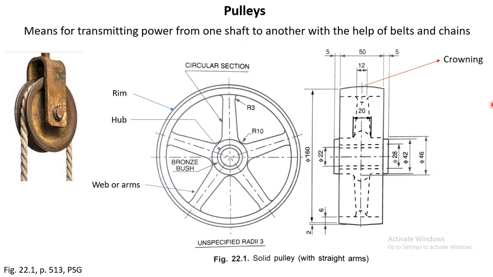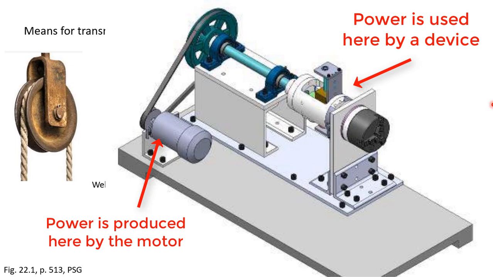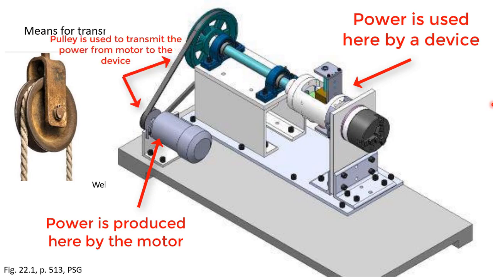As you know, in mechanical engineering, the power is produced at one place, for example, an engine or motor, and power is used at some other point. So power must be transmitted from the place where it is produced to the place where it is used, and this is done by means of a few shafts.